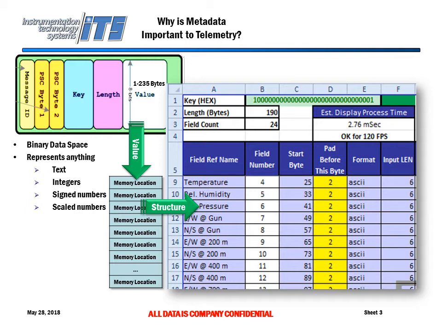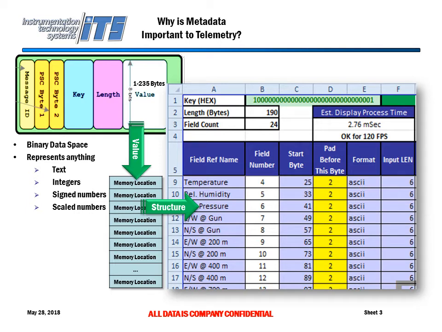The Key Template automatically assigns the field number, and in here you get to decide what the offset into the 235 bytes is for this particular value. In this case, temperature was 25 bytes into the memory space, and it had an input length of 6 bytes, and it was ASCII format.